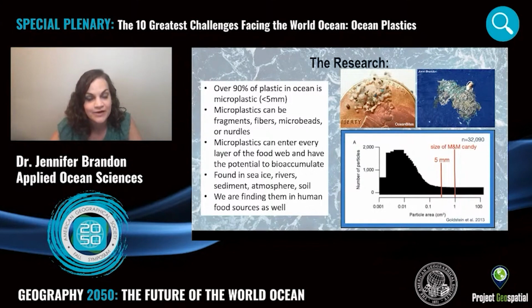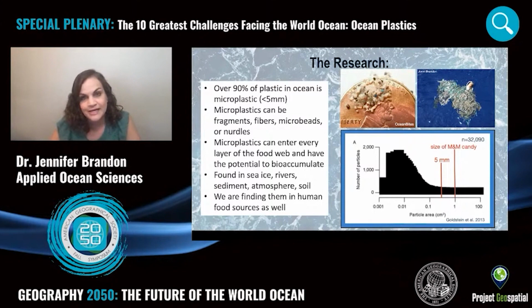These pieces can be fragments that are from larger things that have broken down. They can be from fibers that are coming off of ropes. They're coming off of our clothing, and they're getting into the ocean. They can be from microbeads that are manufactured to be that small, or they can be from nurdles, which are pre-production pellets that are made to be that small.